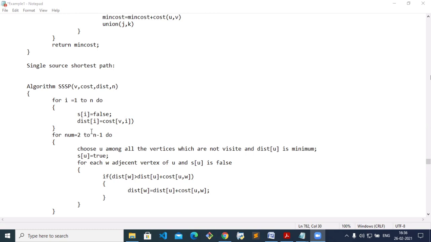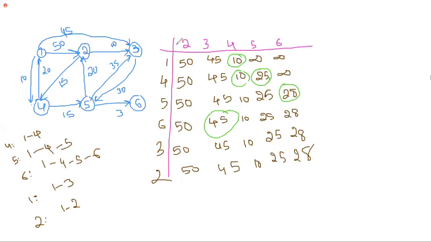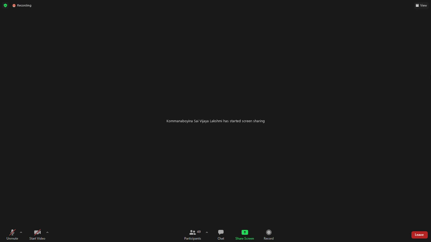Yes, ma'am. So next, I am making my first vertex as known vertex. So for the second vertex only, I'm starting. That's what I have written in the diagram. Once again, I'll show you. See, here I did not write 1. I have started with 2. Is it visible? I have started with 2. Same I have written in the algorithm. I'm starting with the second vertex. Why? Because I'm making the first vertex as known vertex.